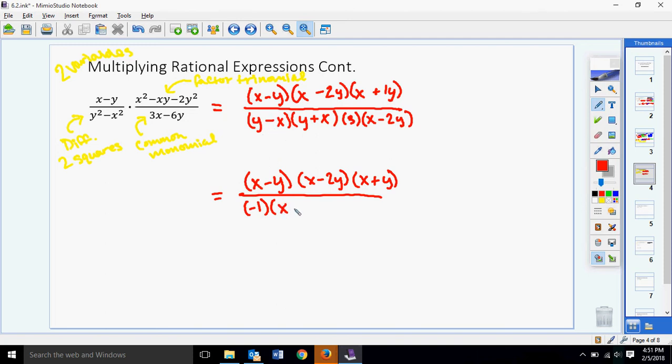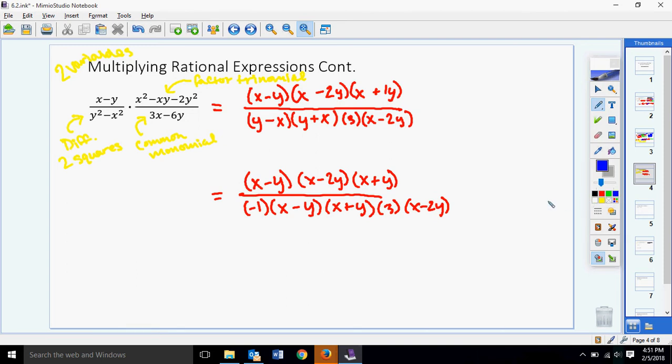So my x will turn positive and my y will turn negative. Now this looks like it's going to match up. I have a y plus x. Remember, addition is commutative, so I can switch this around. It's the same as an x plus y. And I still have my 3 and my x minus 2y.